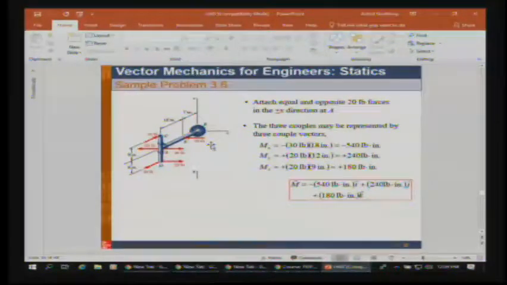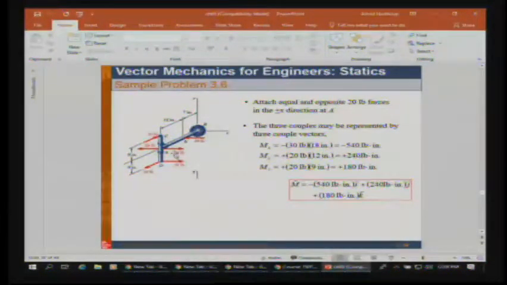All right, so the first thing we do here is we find the moments, the moment in the x direction, the y direction, and the z direction, based on the magnitude and the perpendicular distance between them, or the distance times the sine of the angle, whichever works.